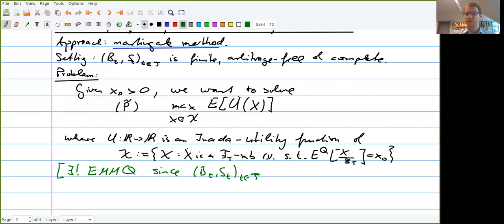So these are the first and second fundamental theorem of asset pricing. If you're not sure, that's a good moment to go back and check that this is right.